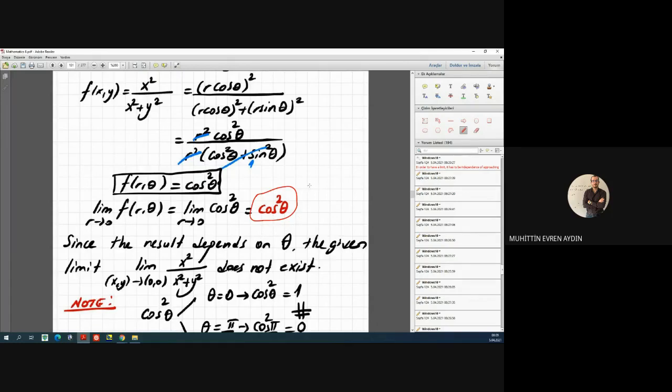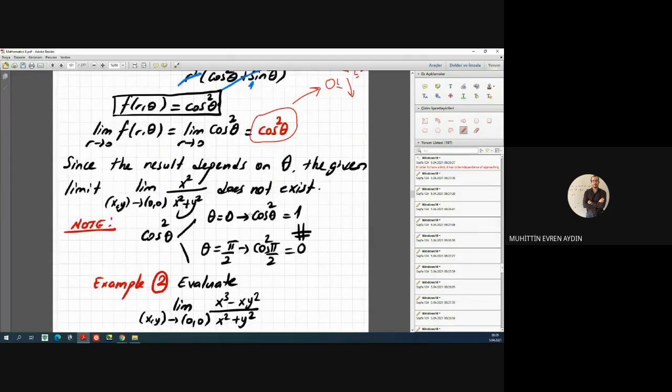Namely, as you change the value of theta, you obtain different values. It's clear that cosine squared theta may take values in this interval, and there are infinitely many possibilities.